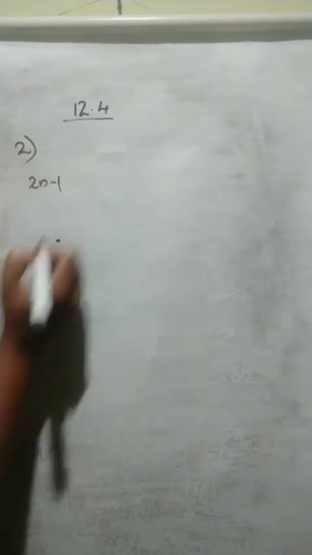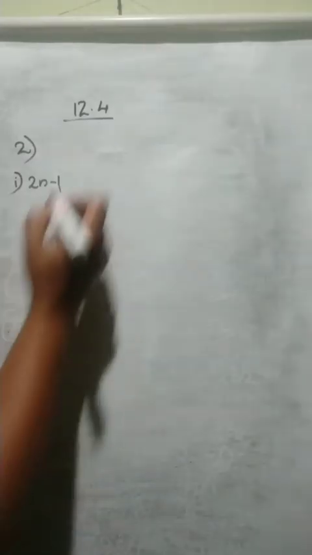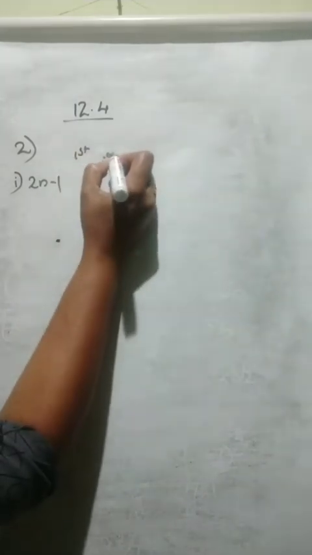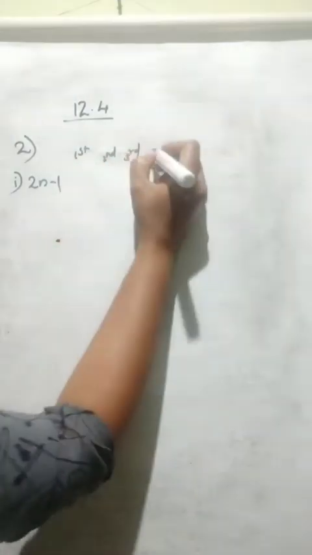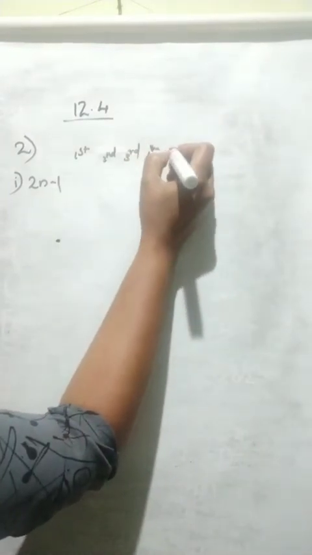For this second question, first they have given the algebraic expression. 2n minus 1 is the first one. Then instead of n, we have to use the first term, second term, third term, then fourth, fifth. Some places we have to find the fifth term. Okay.